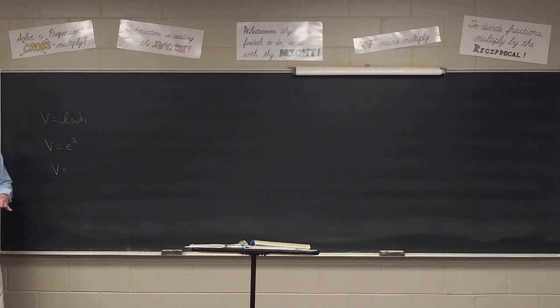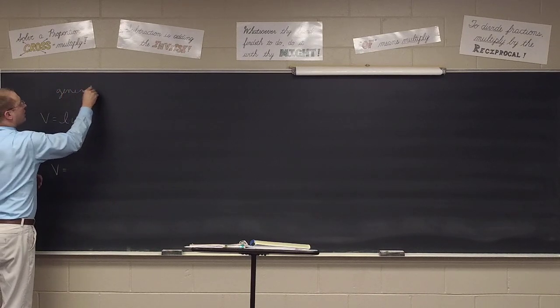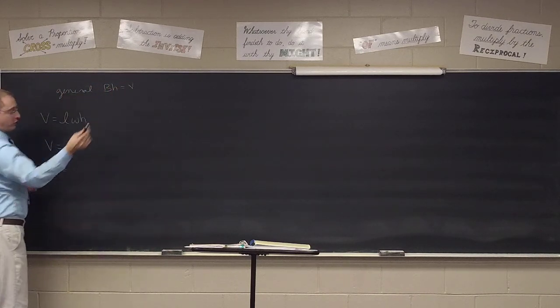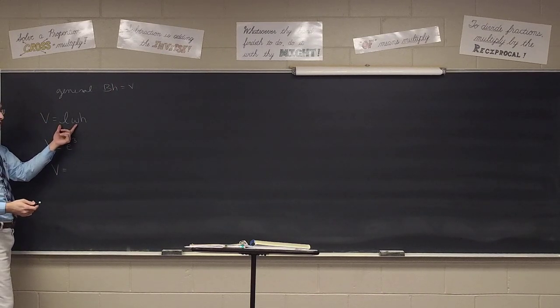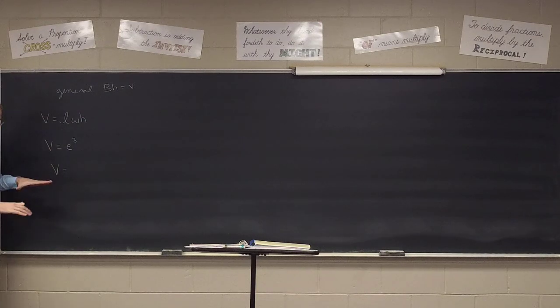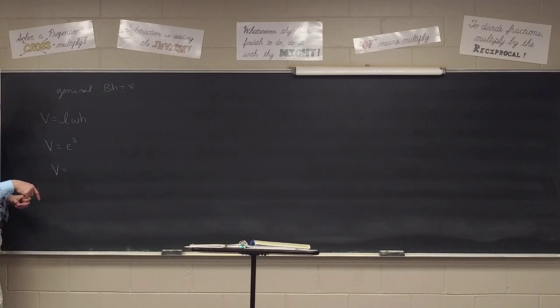So remember, we said in general, base times height equals volume, right? So for a rectangular prism, length times width is the base, times height. For a cube, the base is a square, side times side or edge times edge, times height, which is another edge. So for a cylinder, what shape is the base? A circle. So what's the area of the base going to be then? Area of a circle, pi r squared.